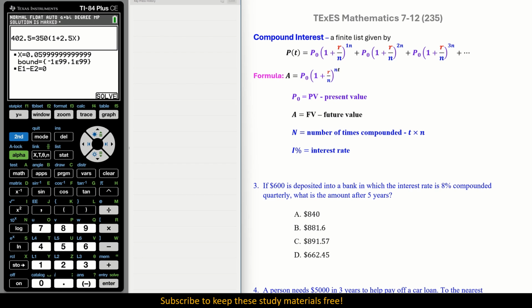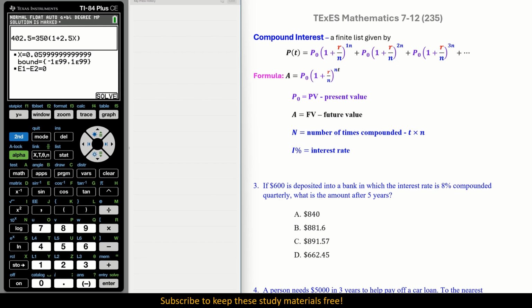Your handheld calculator may actually say 0.06. For some reason, it's different on my emulator than it is on the handheld calculator. I've looked into this and haven't got an answer. So if you got 0.06, you are correct. And obviously, that was the answer for number 2.